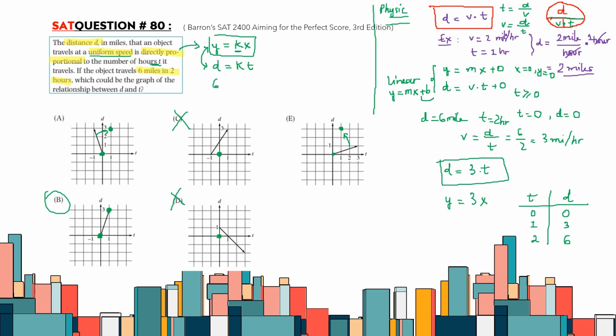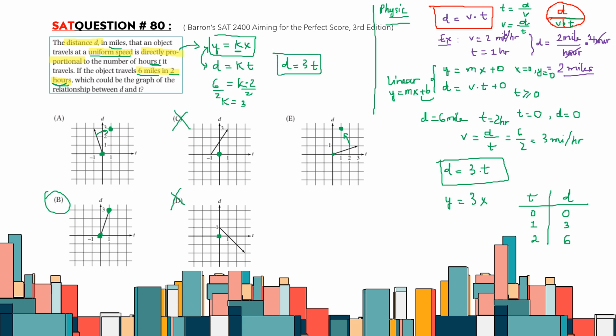So in this case, we still have 6 equals k times 2. 6 miles is d, is distance. 2 hours is time. By reading the unit miles, we know that it is length, so that is the distance, right? By reading time, we have hours, minutes, seconds. Okay. So now we find k equals 6 divided by 2. We divide 2 on both sides. K equals 3. So we still have d equals 3t.